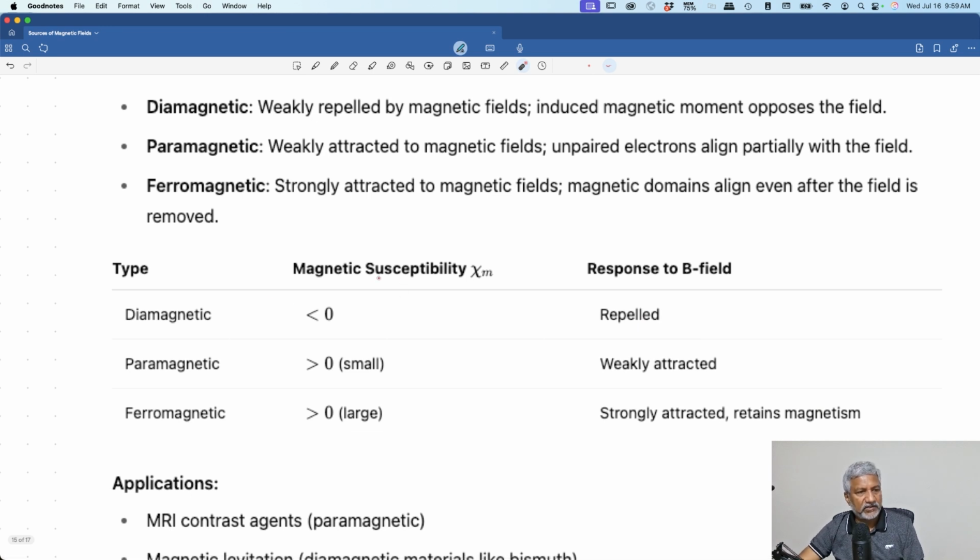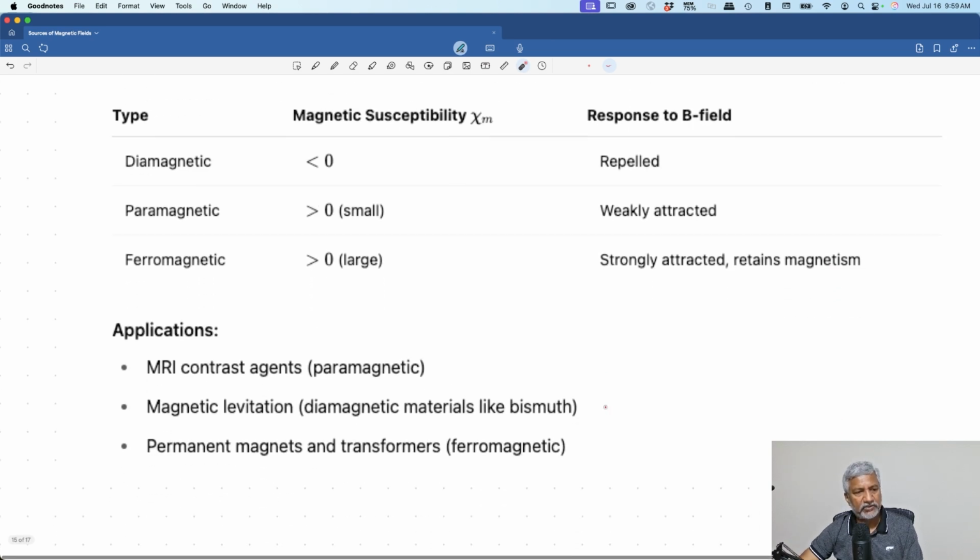So there's another term called susceptibility. Not going into details, but just know that for diamagnetic, it's negative. Paramagnetic, it's slightly positive. For ferromagnetics, it's highly positive. Now this I've explained: responds to an external field, repelled, weakly attracted, strongly attracted, and retains magnetism. I wanted you to know that, okay?